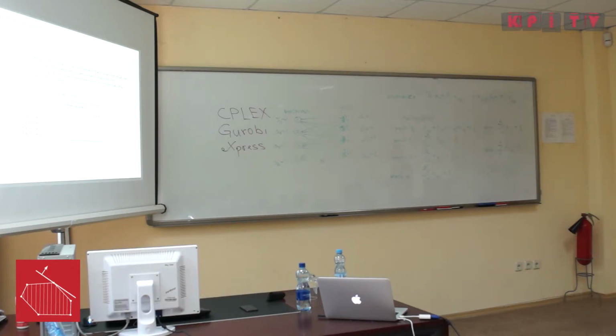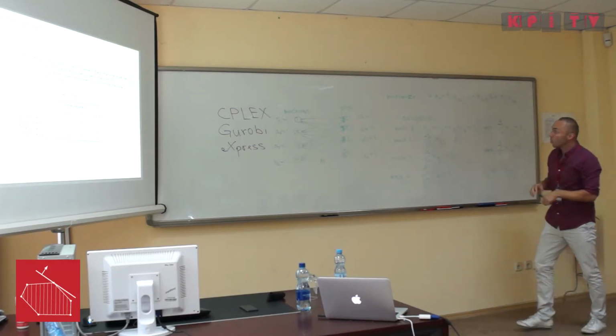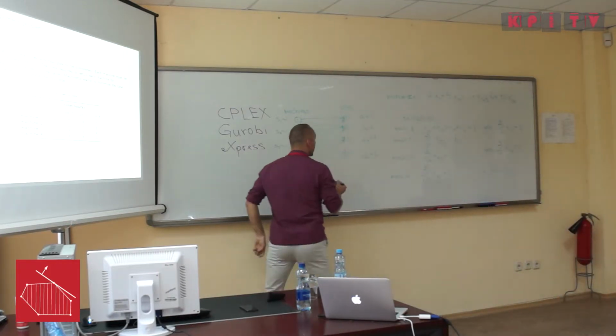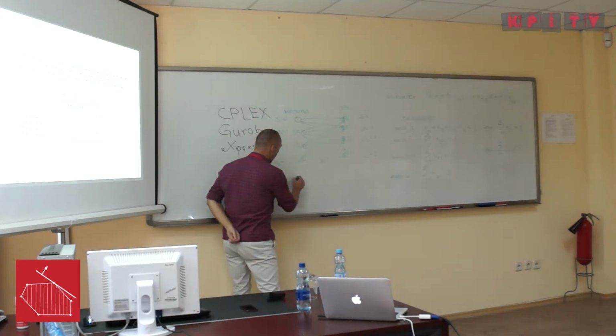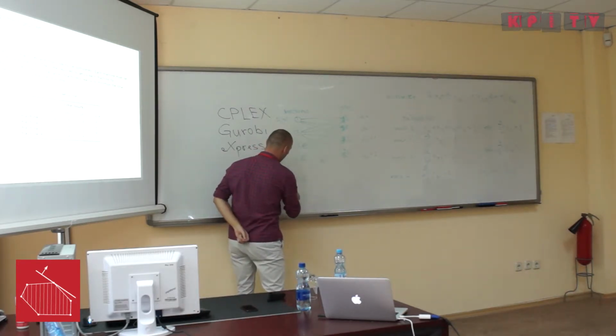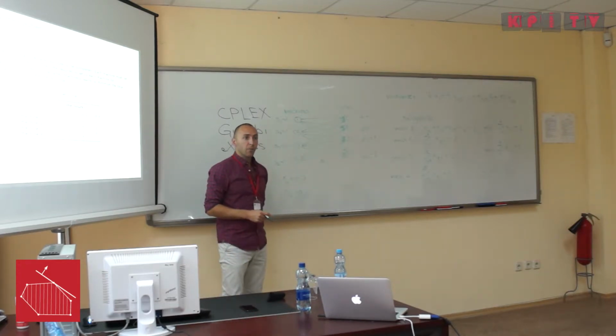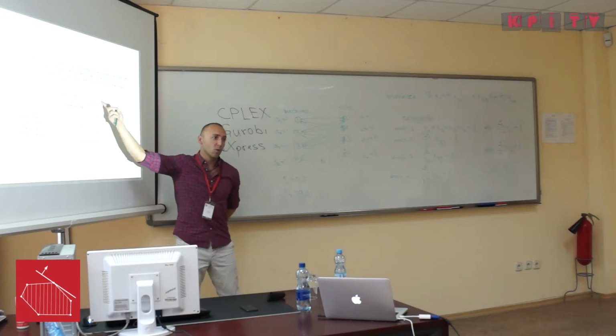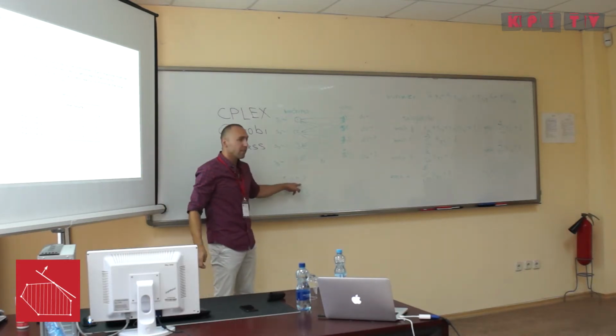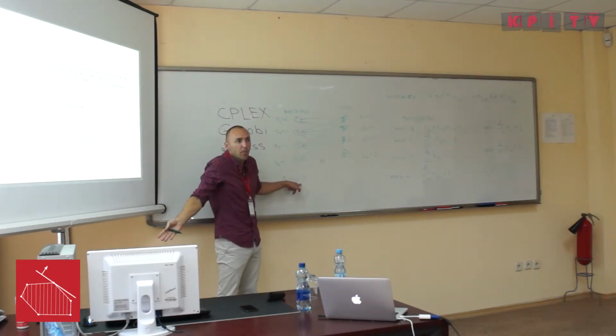Because if it wasn't for that integrality, then I could have gotten solutions like this. Let's say x11 is 0.7 and x12 is 0.3. And from what I'm trying to do, x being 0.7 is nonsense. It's stupid, right?